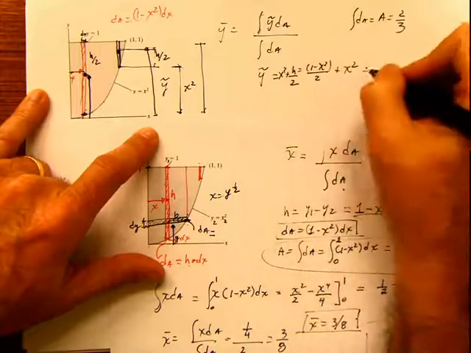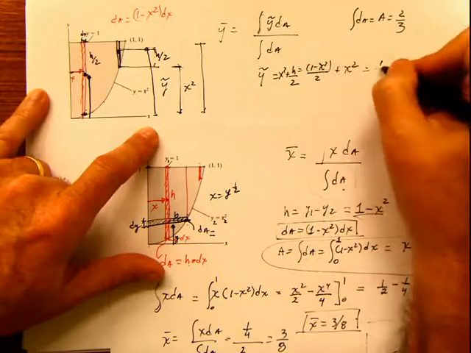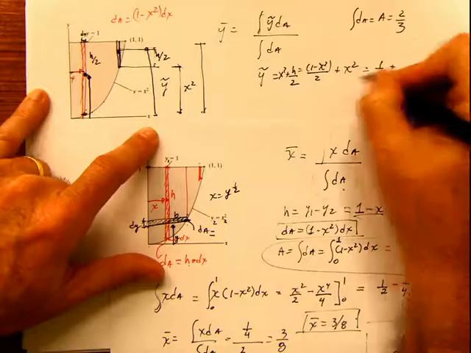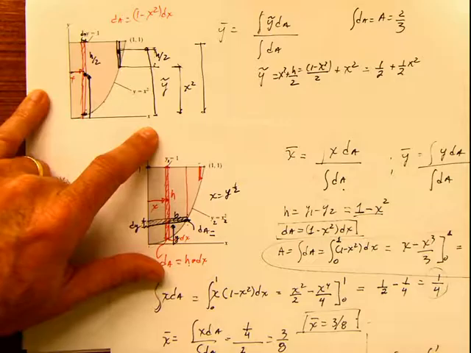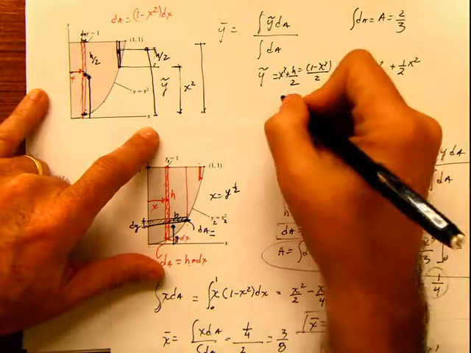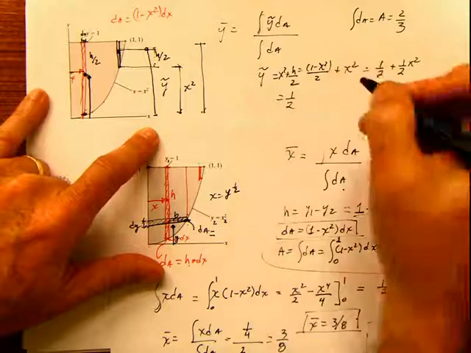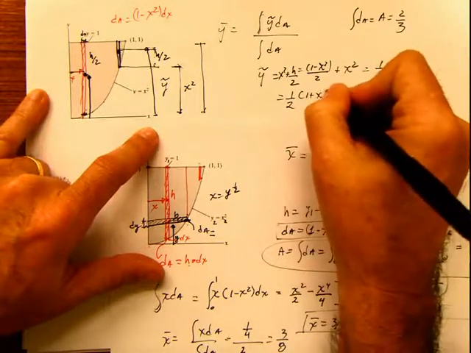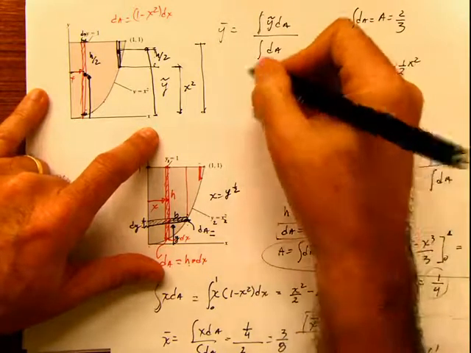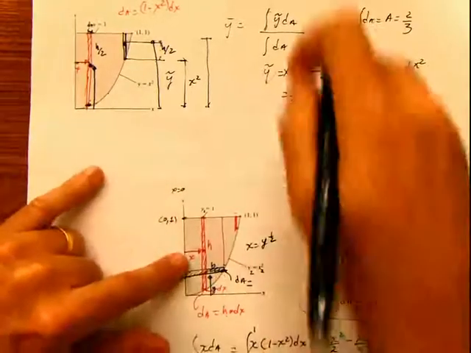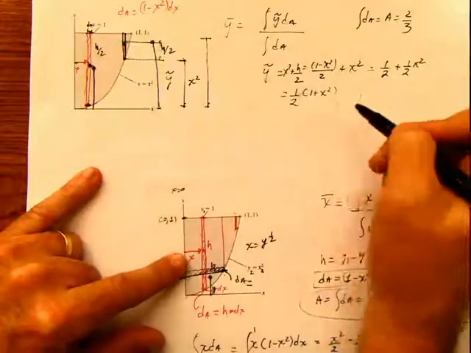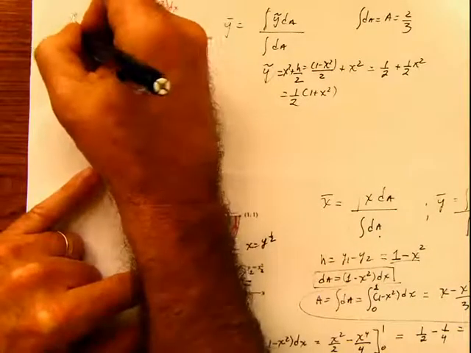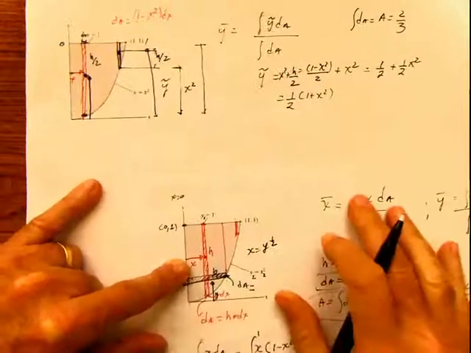Or in other words, it's going to be 1/2 plus 1/2 x squared, or 1/2 of (1 plus x squared). That's going to be my wiggly y, and then I can solve with that for the same one. Of course, if I do that, my integration limits are still going to be in x from 0 to 1.